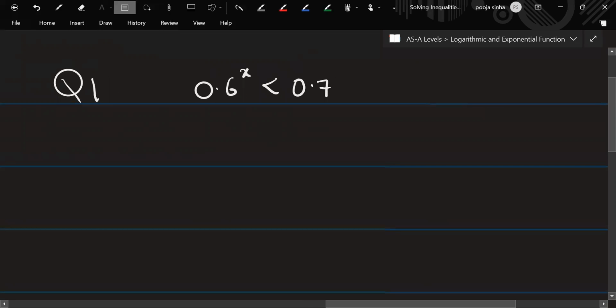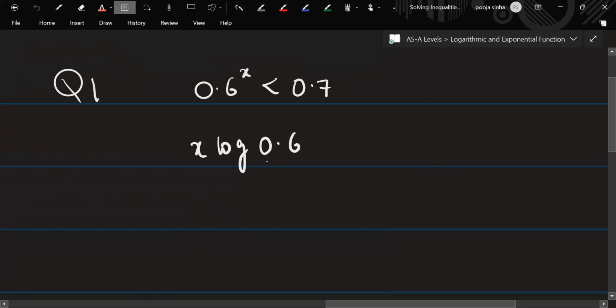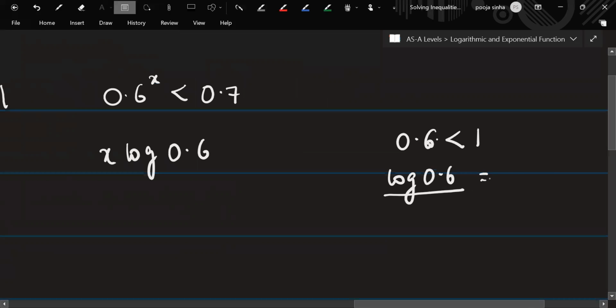Now here, you must have taken x log 0.6. x is now greater than 0.698, right? You change the inequality sign? Yeah. Because 0.6 is less than 1, isn't it? So when you do log of this, you get a negative number, correct?